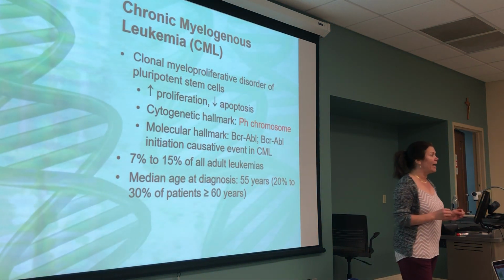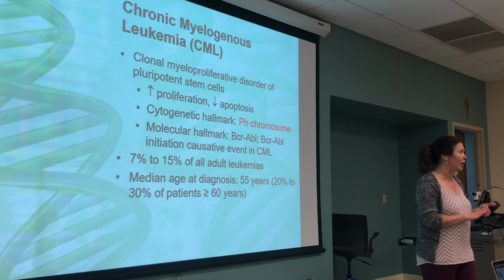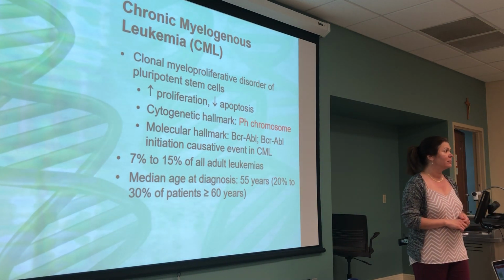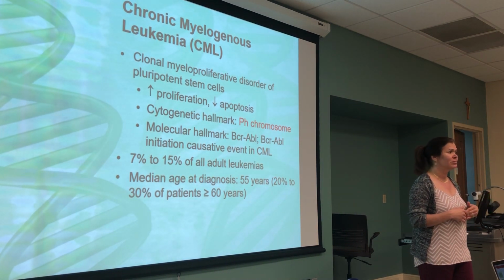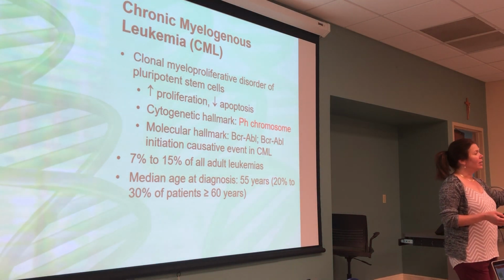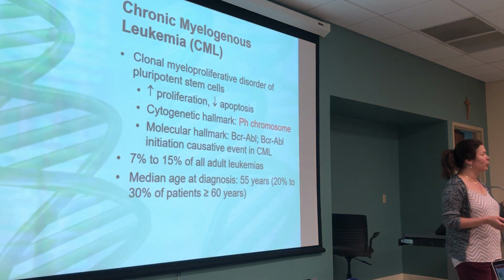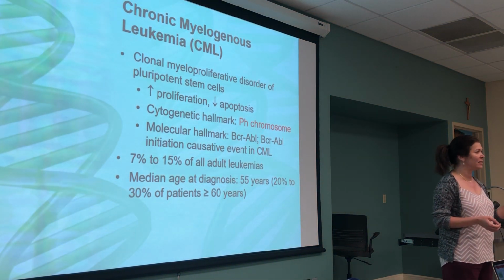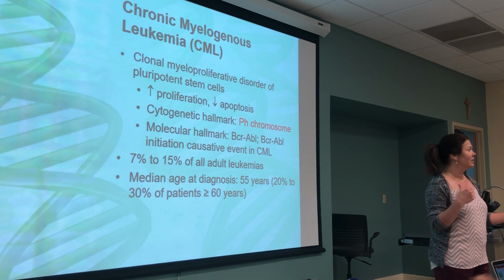CML, chronic myelogenous or myelocytic leukemia, same, middle age. The major difference is that acute leukemia has a higher probability of presence of blasts, even though chronic does too.